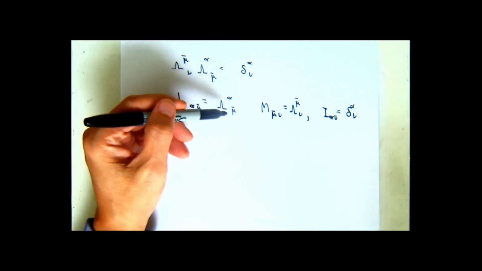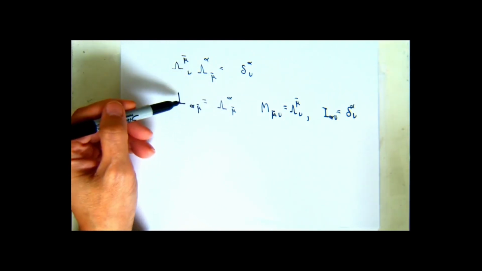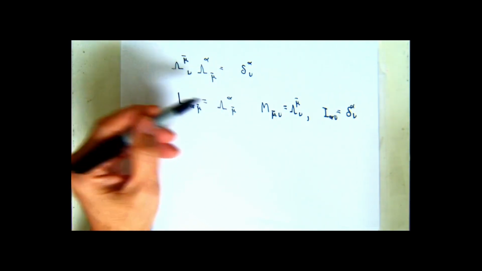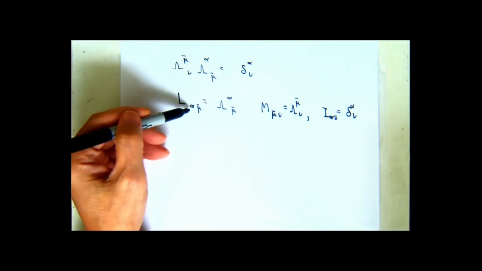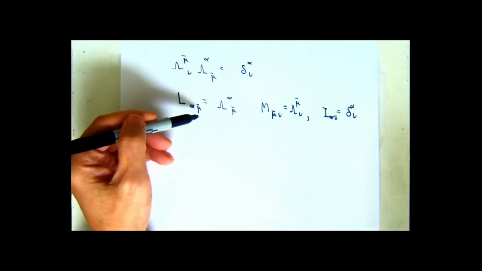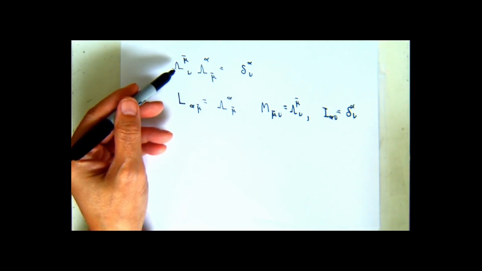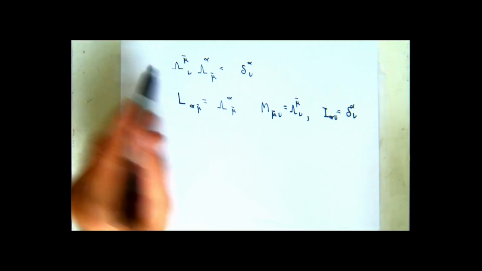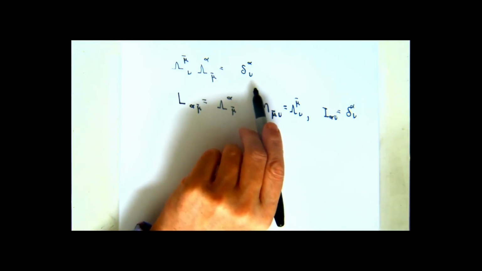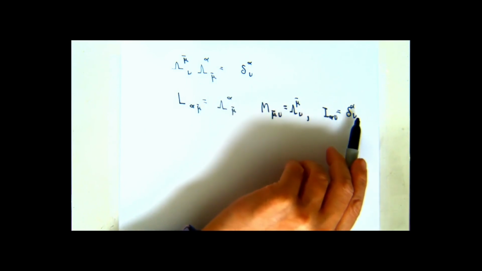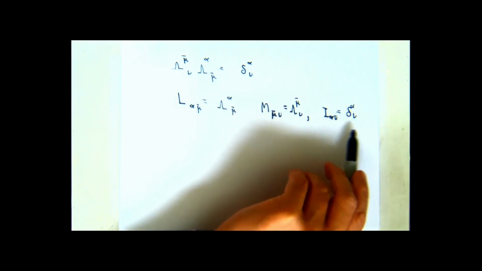Lambda alpha mu bar, I'll think of being an element of some matrix in row alpha and column mu bar. In this equation, mu bar is an index of summation. I'll think of delta alpha nu as being the element out of a matrix with row index alpha and column index nu.